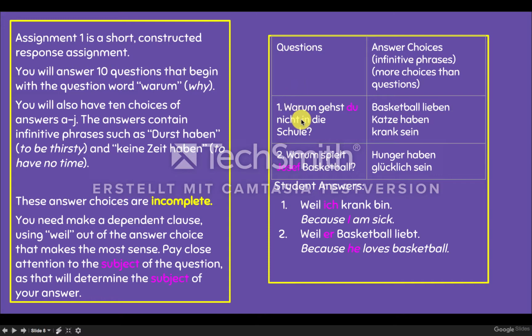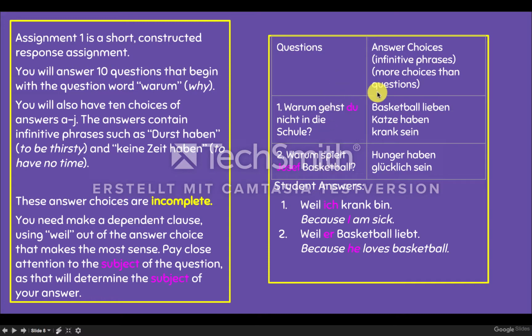Let's read that again. Warum, so why, gehst du nicht in die Schule? So this question is asking, why aren't you going to school? And the subject in pink is you. So when I answer this, I'm not going to answer with du, meaning you. I'm going to answer with ich, meaning I, because that's how you answer a you question.